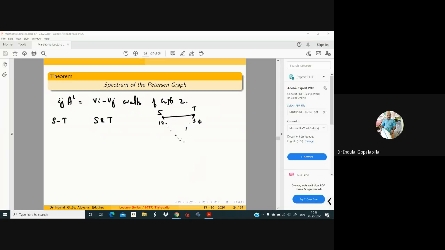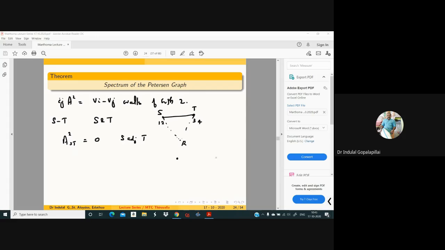So there is no R such that there is an SRT path of length 2 or SRT walk of length 2 or an ST walk of length 2. So the STth entry of A square is 0 if S is adjacent to T. On the other hand, when S is adjacent to T, the STth entry of A is equal to 1.